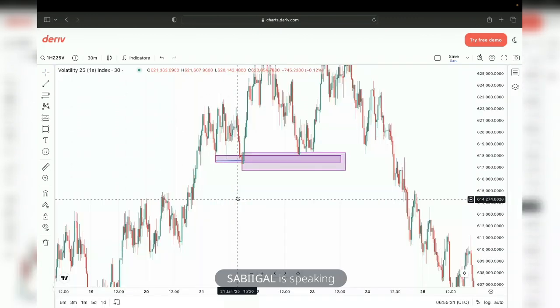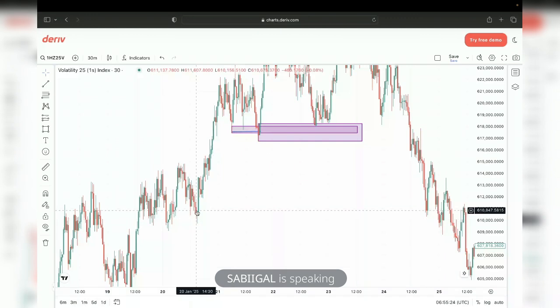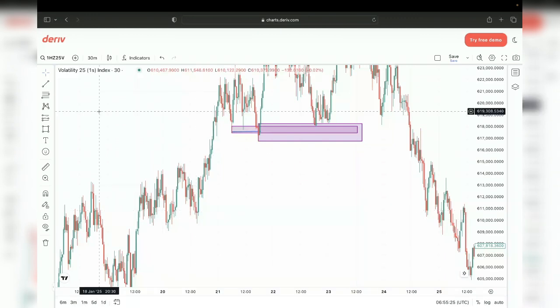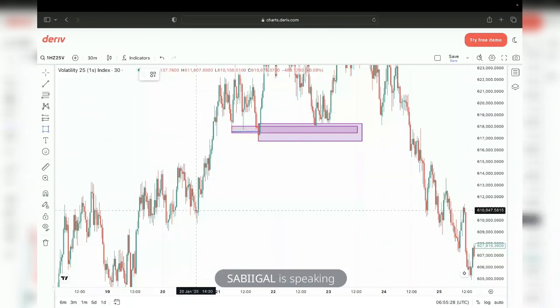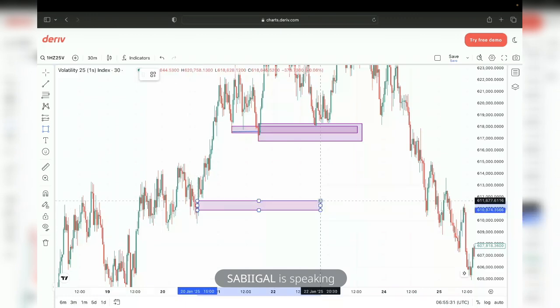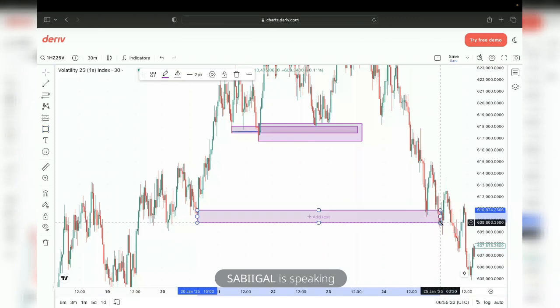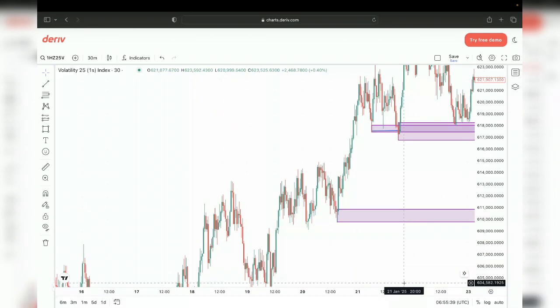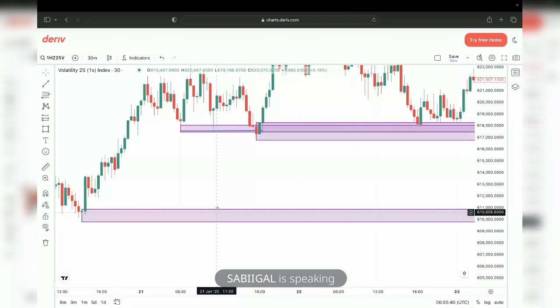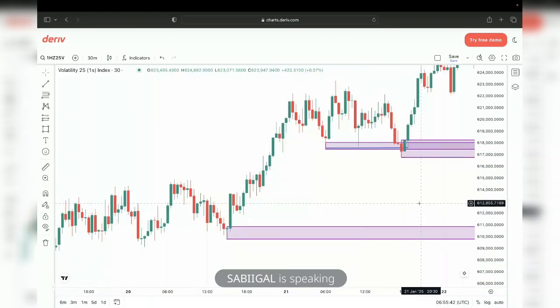Okay, this is an example of a pullback candle. I said the color doesn't matter. This is an example of a pullback candle. This candle here. Let me zoom it very well. So this one, the characteristic is not complete.